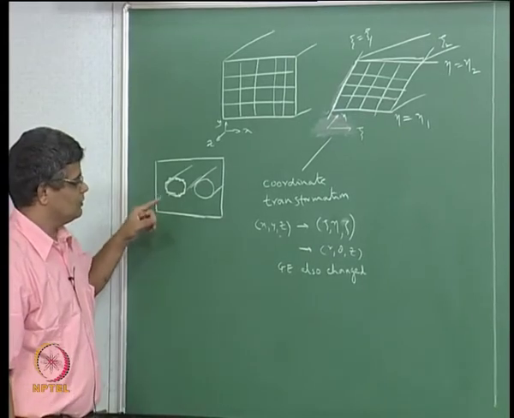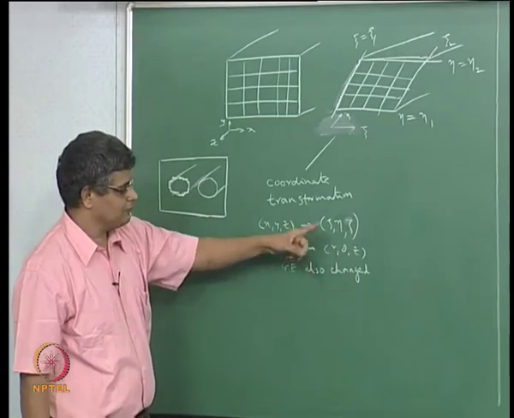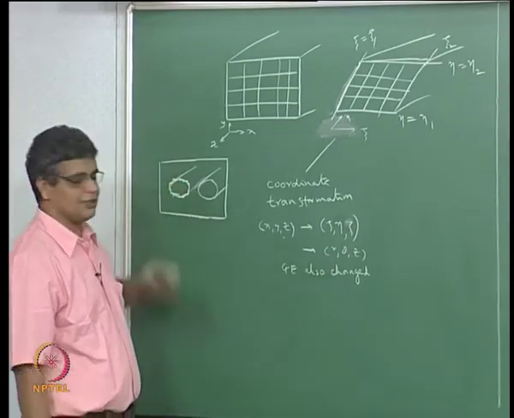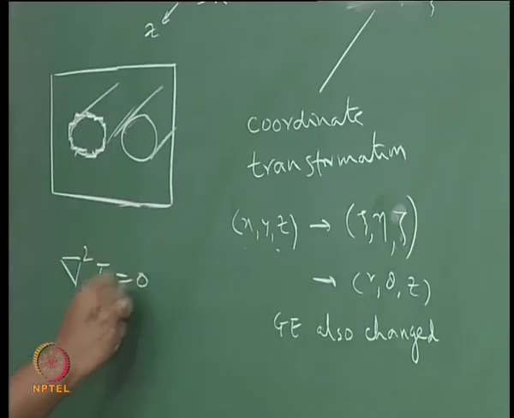So we go away from the xyz coordinate system to the r theta z coordinate system, and we deal with the transformed equations representing the same conservation. For example, del square T equal to 0 is a heat conduction problem. It represents heat conduction, and this is applicable in any geometry.